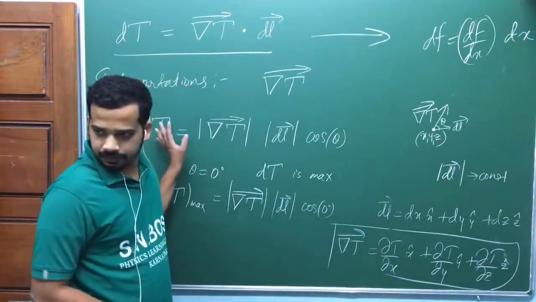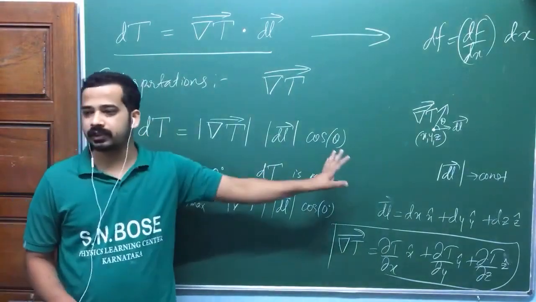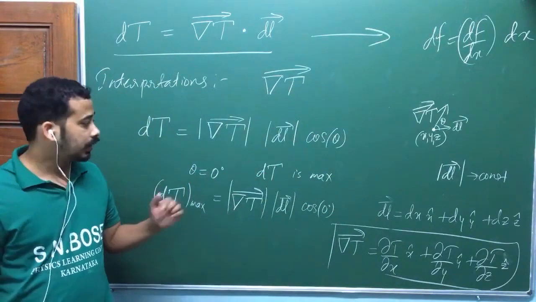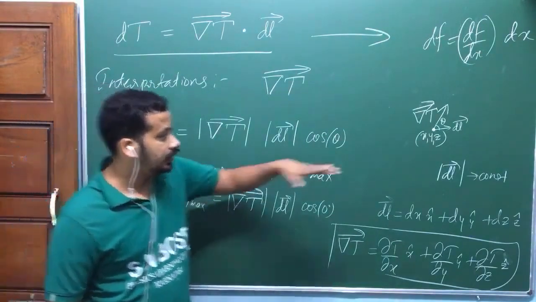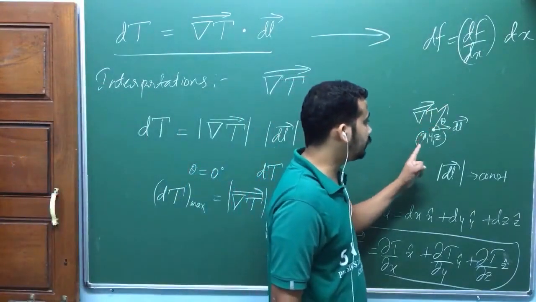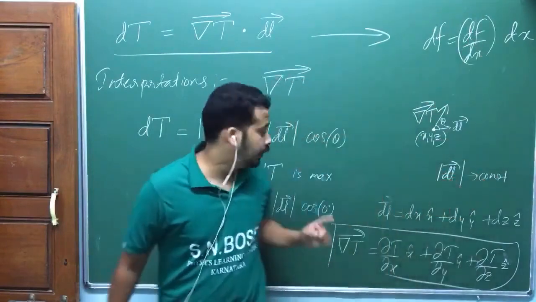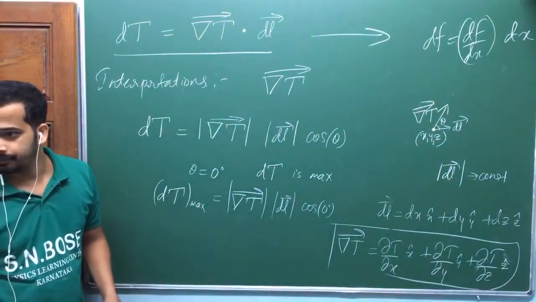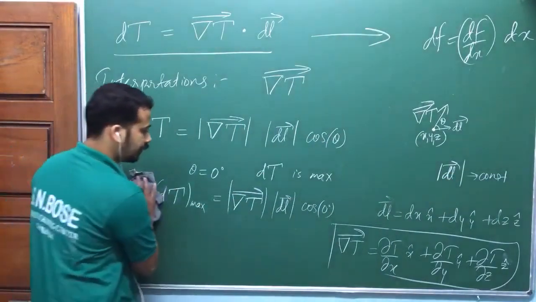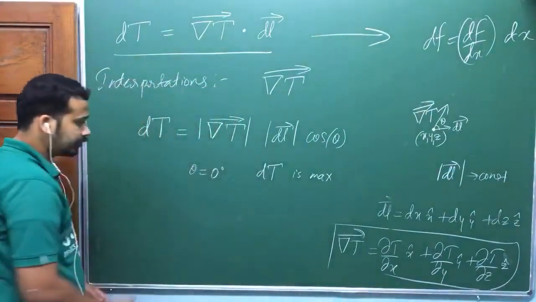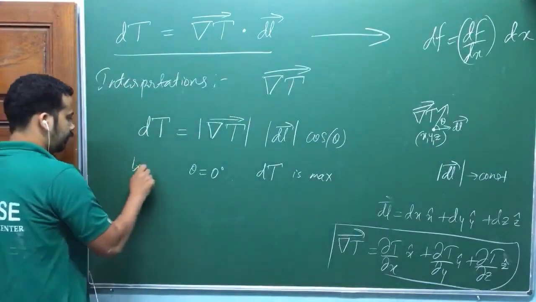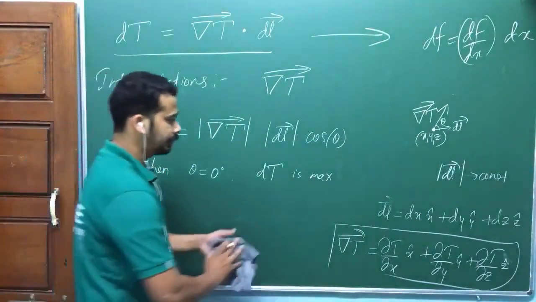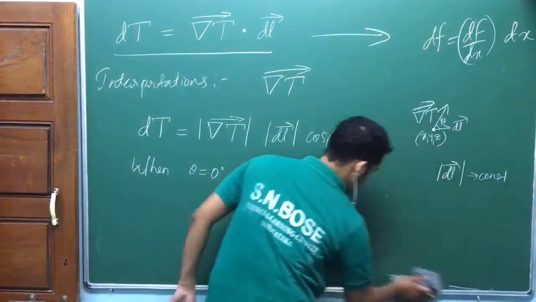I got one piece of information here: when you displace along the gradient direction, your change in t is maximum. Let me write it like this: when theta is equal to 0, dt is maximum. Am I right? Now look at here.